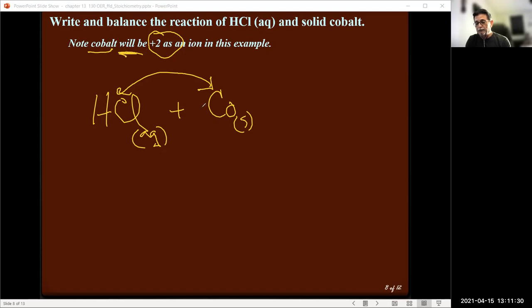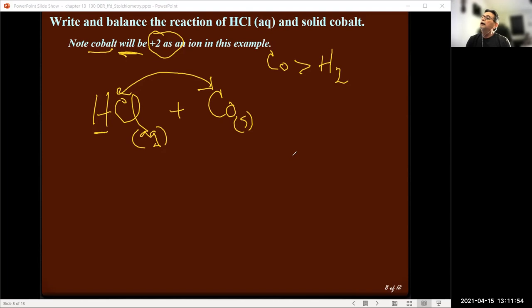They're telling you that, but we're verifying that it is. And so this is H plus, which is the salt form of the hydrogen gas. Remember, we compare which one is more reactive. And what we find out here is that cobalt is more reactive than hydrogen.